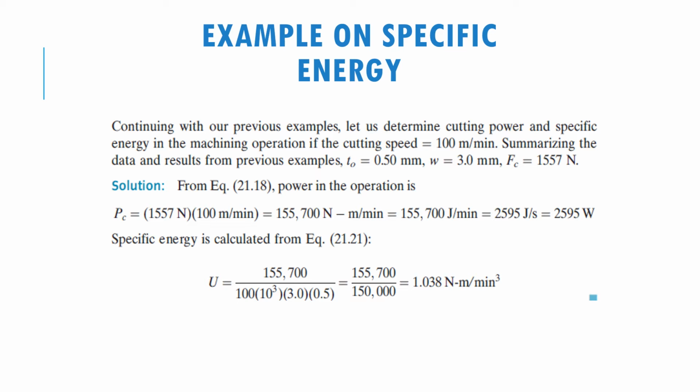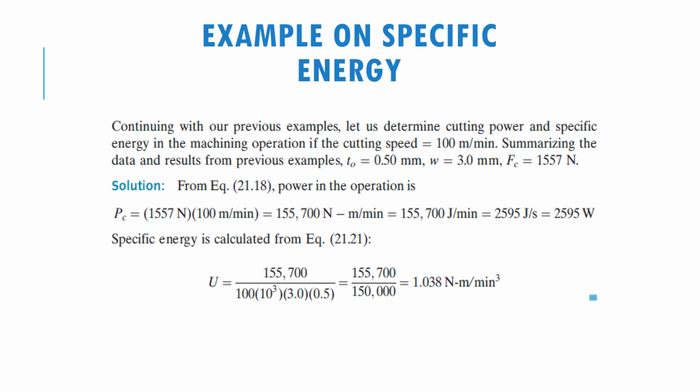For specific energy, U or PU equals PC divided by the RMR. So you just calculate the RMR additionally. For this one, it comes to 150,000. So 155,700 divided by 150,000, you'll get 1.038 Newton meter per mm cubed.